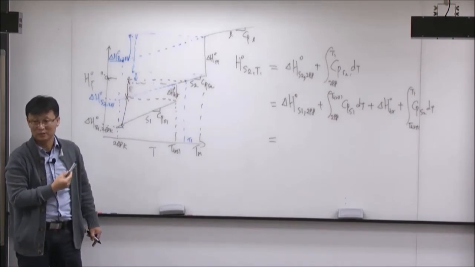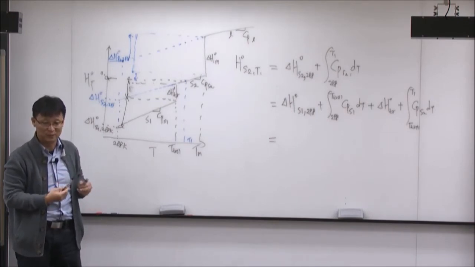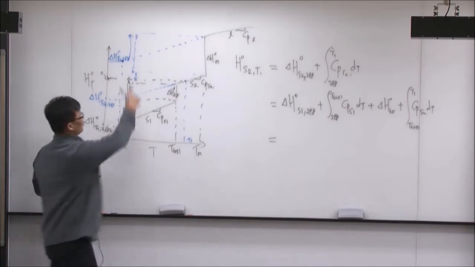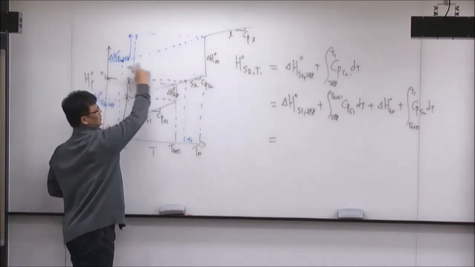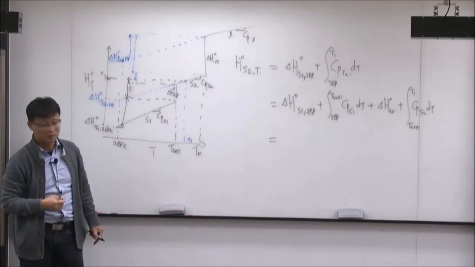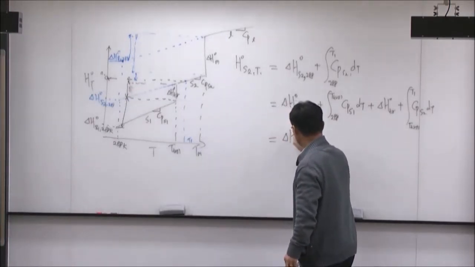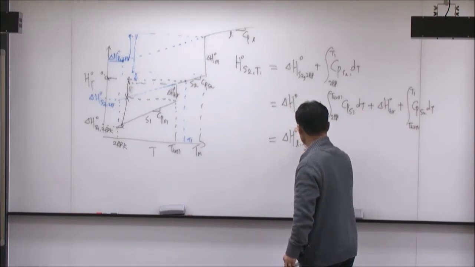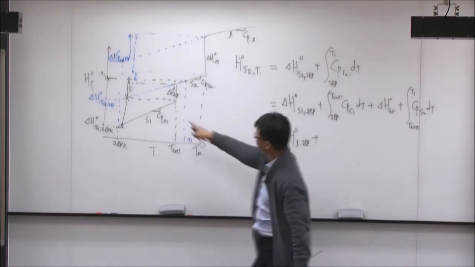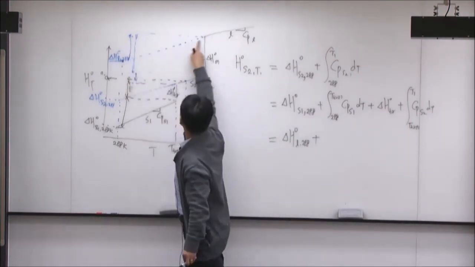Sometimes we are using this equation too. Assuming the supercooled liquid phase is available, and then I have to go to the other cycle, and then coming back to the lower temperature. Okay? So in this case, delta H naught of liquid phase at 298 Kelvin. So that's my starting point. And then I'm going up to here.